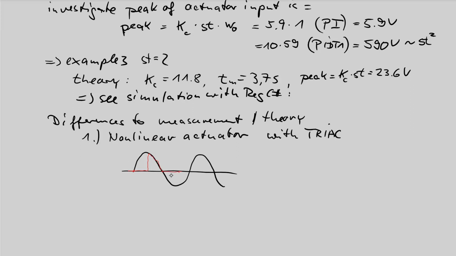So a triac gives this signal to the actuator. This is the current caused by the triac, after the triac. And this delay time is proportional to UP.